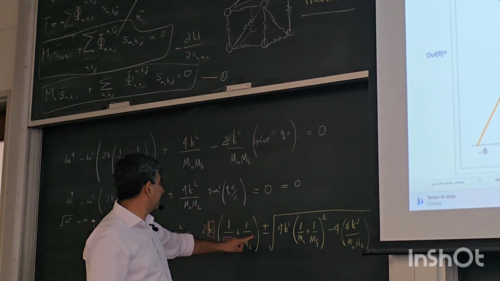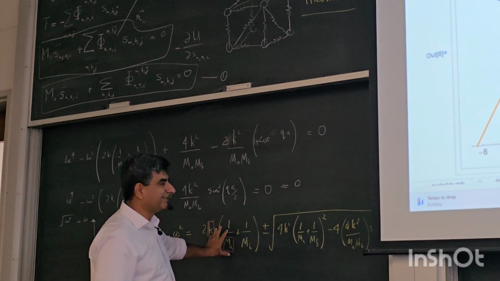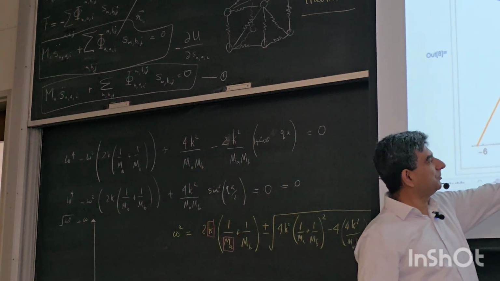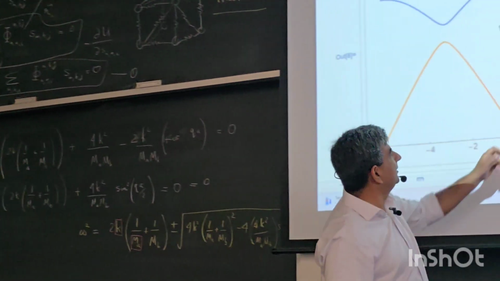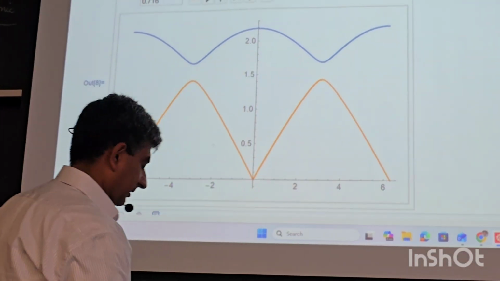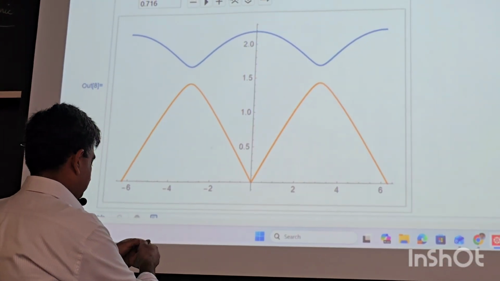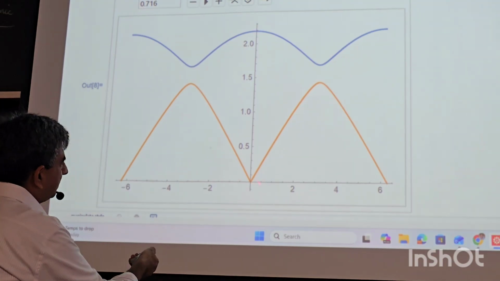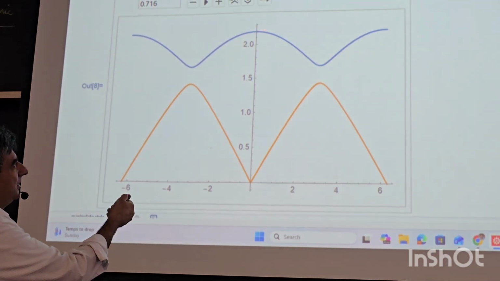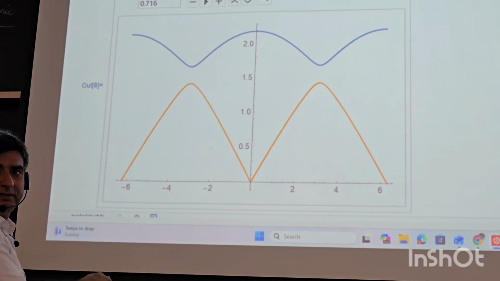And this becomes 2 times this with the square root, okay. So this is one point here, q equals 0, and the blue one is at another point. So you see this point here and this point here, both of them correspond to the two branches.